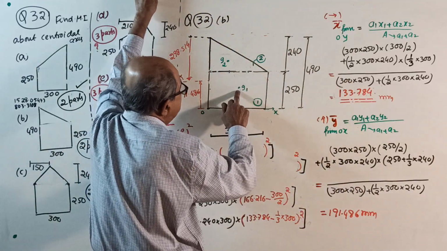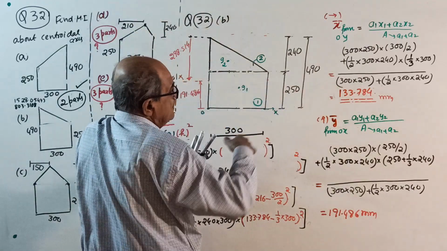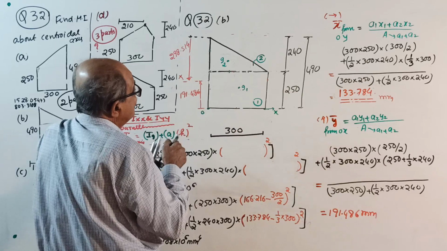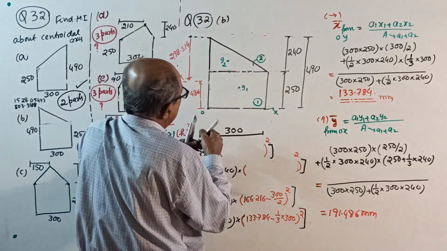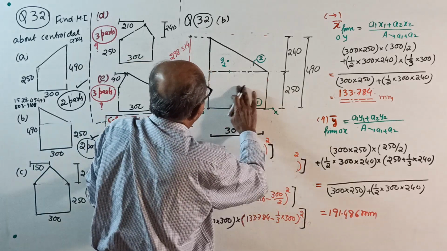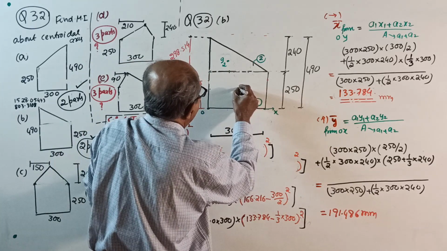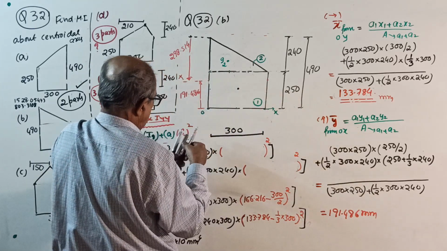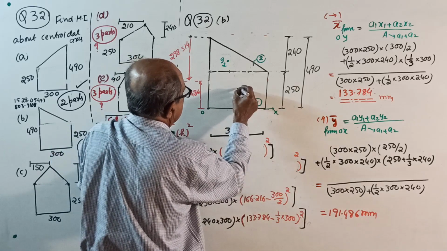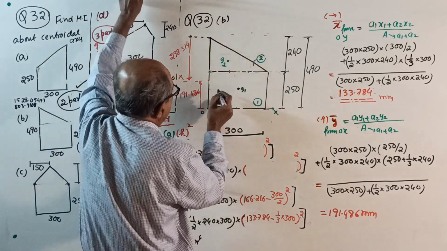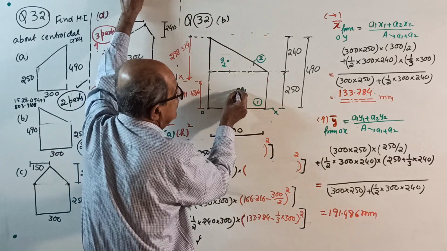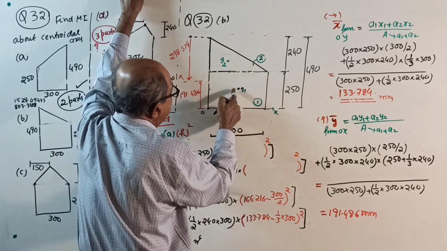So last time it shifted that side, from centroid G1. Correct. Now it is shifting this side. But see here, still I am not happy about G1. Okay, now I am happy about G1. From here to G1 is how much? 300 by 2, 150.